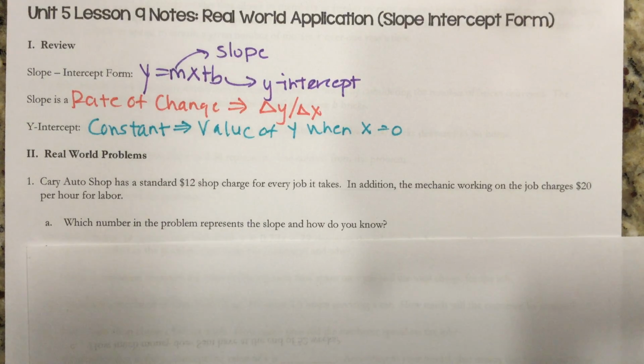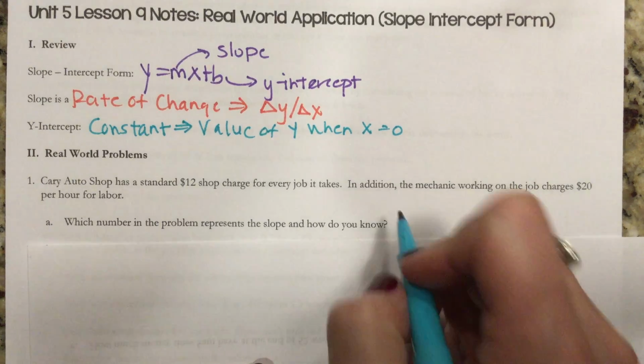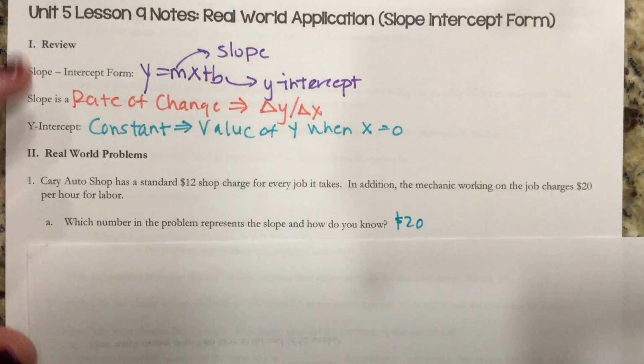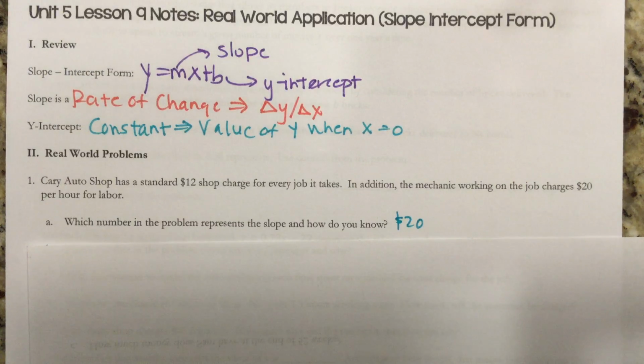In this case, the $20 is our slope because that value varies depending on the number of hours the mechanic works. If the mechanic works for 1 hour, then our fee is going to be $20. But if the mechanic works for 2 hours, the fee for his portion of the job would be $40. Or 3 hours, his fee would be $60.